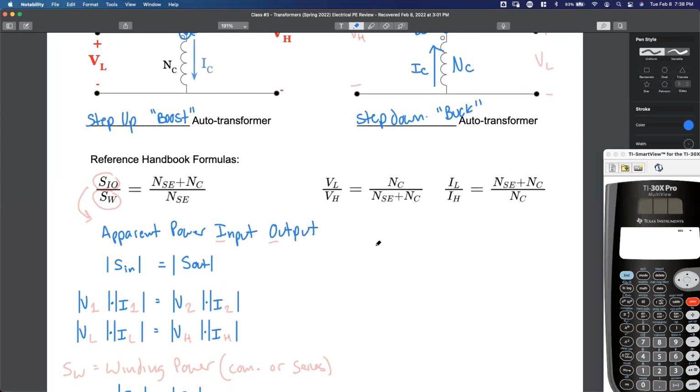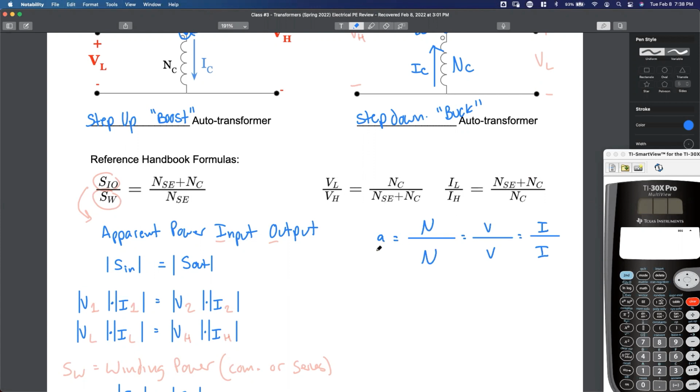And all that is A, right? My transformer ratio equals N over N, and I'm going to fill in the subscripts here in a second, equals V over V equals I over I. I'm going to use ones and twos for primary and secondary, and then we'll get to L's and H's.